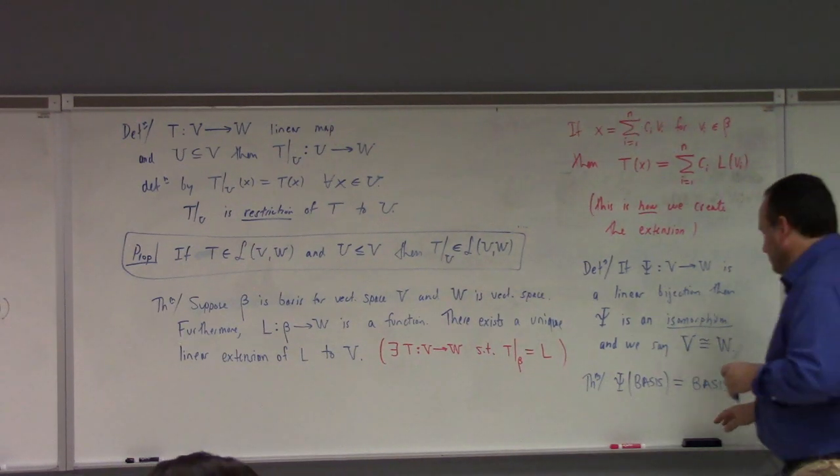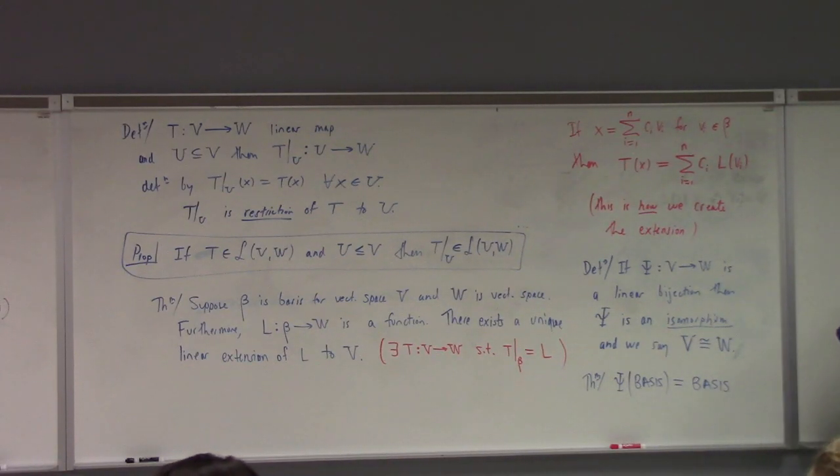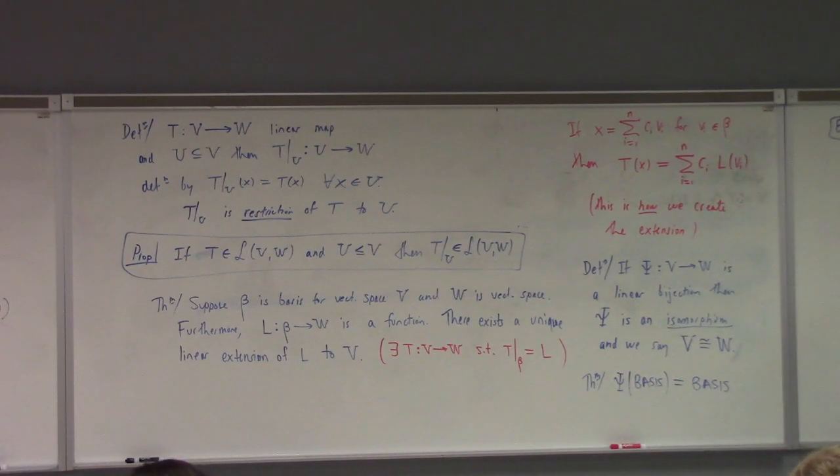So example 1. Let beta equal v_1 through v_n be a basis for V over F, where the dimension of V is apparently n, right?